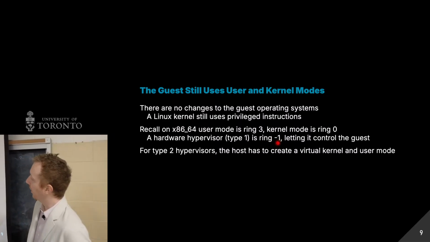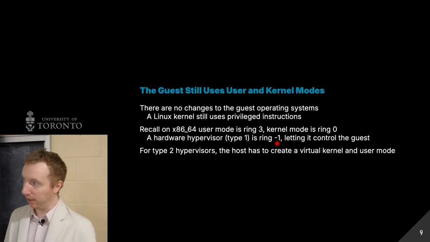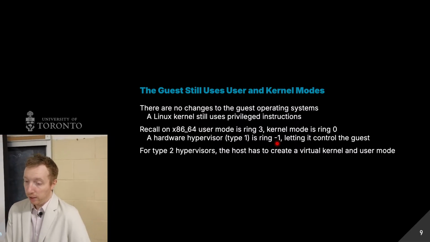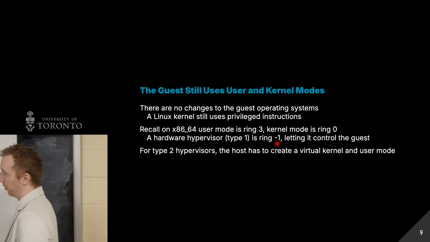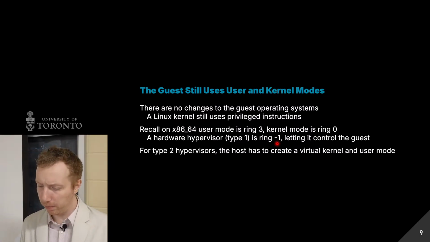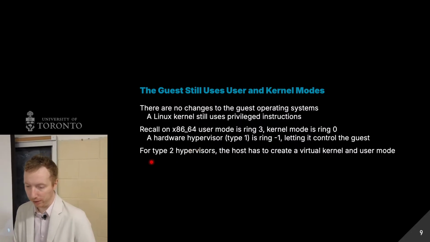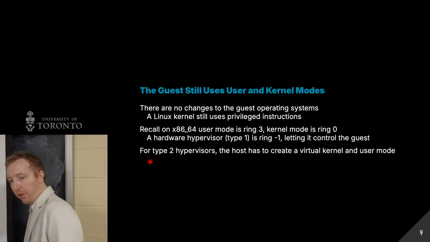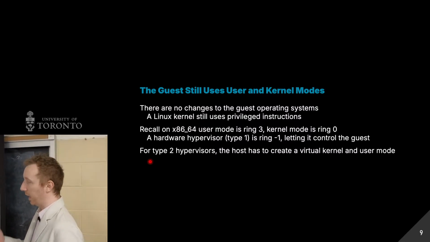So on x86, it's called ring -1, and that lets it control the guest and have control over kernel mode as well. On newer architectures, it's just called hypervisor mode on ARM or RISC-V, but on older things, it's ring -1.